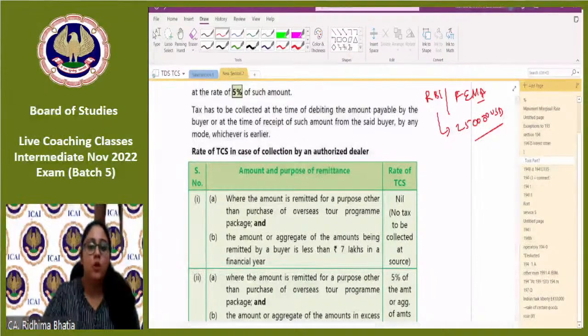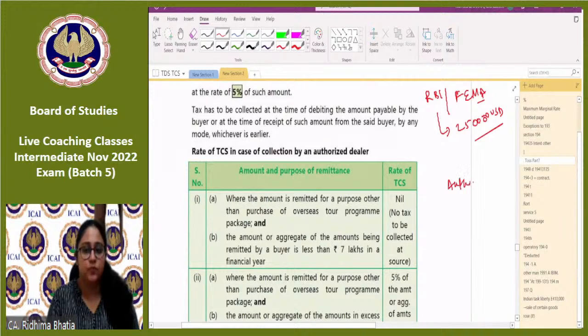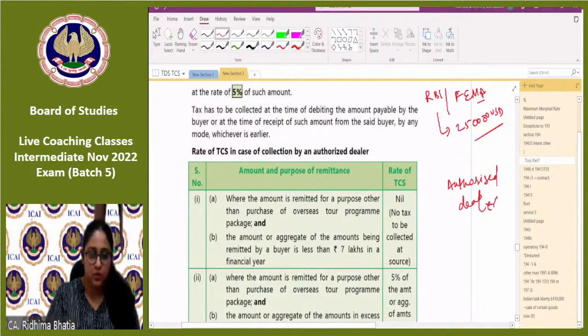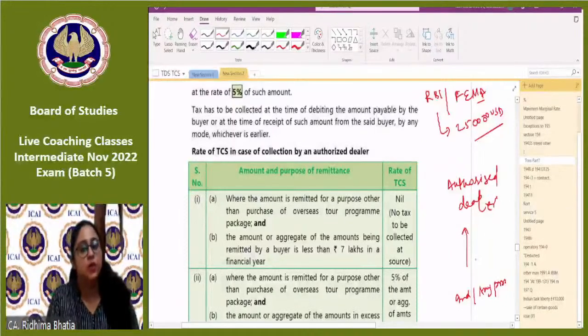What we want is that if you have to make some foreign remittance, you have to do it through an authorized dealer, right? You go to the authorized dealer and give them the amount which has to be transferred outside India, and they will transfer it.